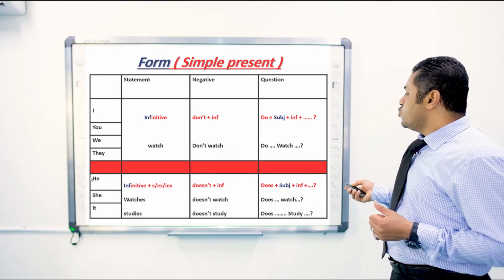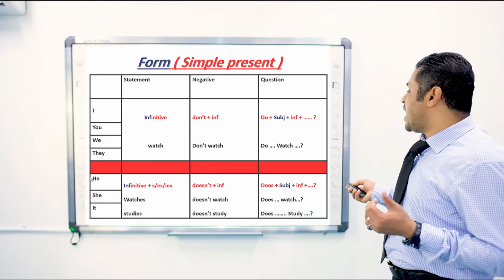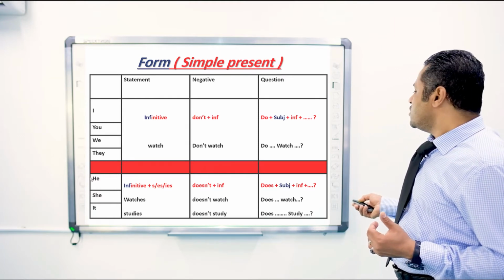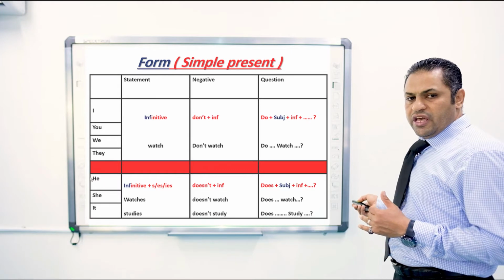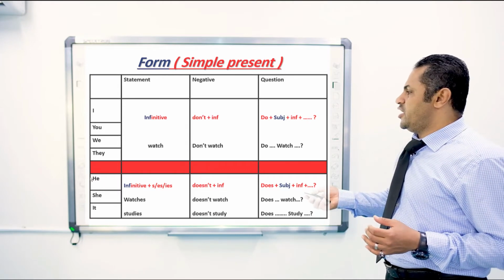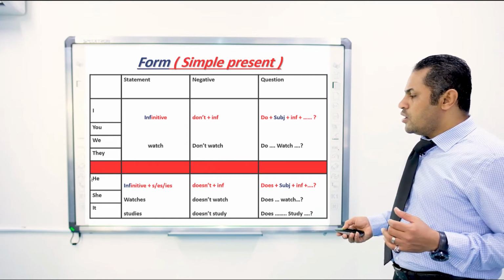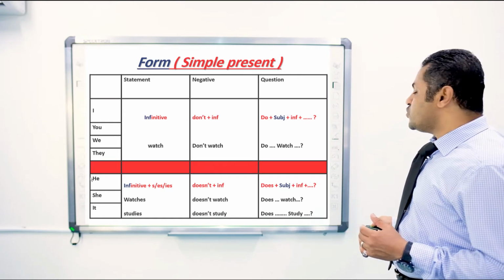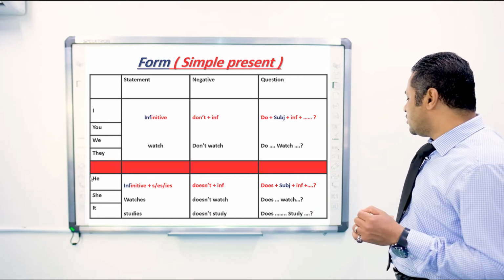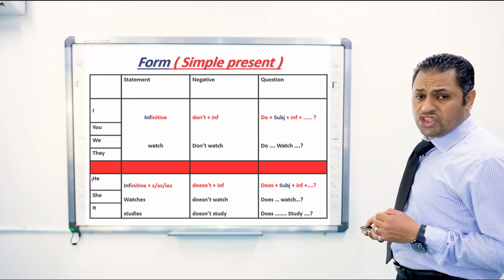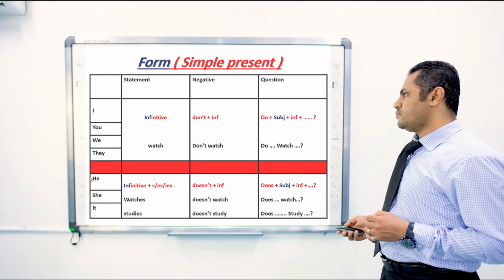In questions, we use do followed by the subject, the infinitive, and the complement of the sentence, such as do you watch TV? It's a question for the plural and I. But for the question with he, she, and it, we use does followed by the subject, the infinitive, and the complement. Does she watch TV? And so on.